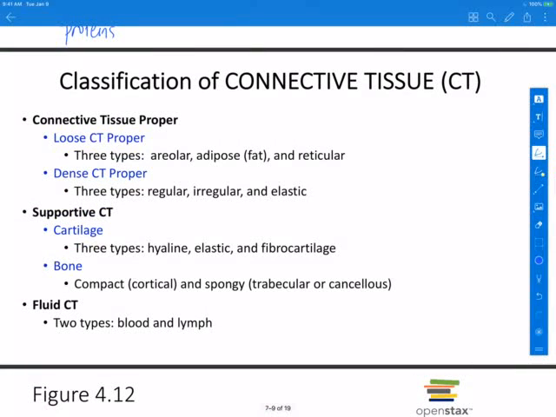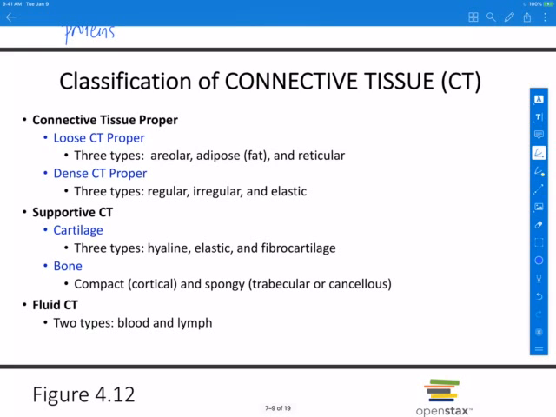Okay, so now we're going to talk about the different classes of connective tissue, the different types of connective tissues. So first we can divide them into three major classes, and the three classes are going to be different from one another based on the ratio and the amount of ground substance and the types and amounts of those three types of fibers we just discussed.